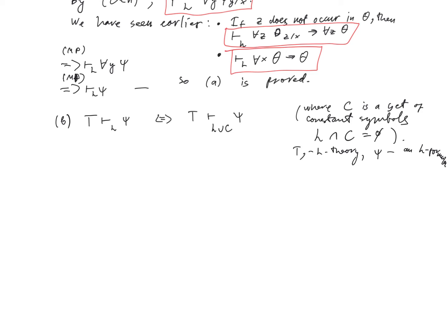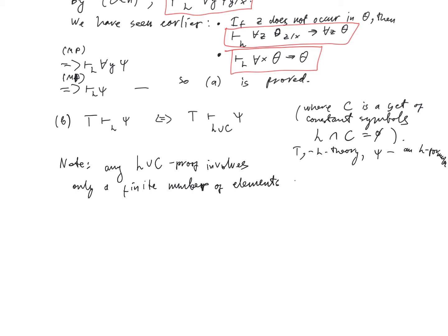To see that this holds, note that any L union C proof involves only a finite number of elements of C, the set of constant symbols.